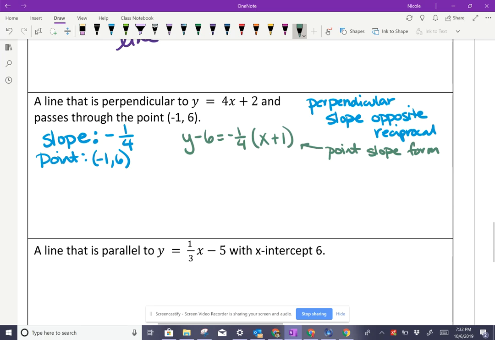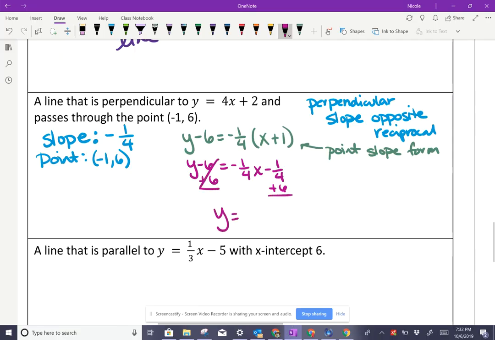And if I want to see this in slope-intercept form, all I have to do is distribute and make y equals on one side and everything else on the other. So when we do that, we're going to distribute, and we've got y minus 6 equals negative 1 over 4x minus 1 over 4. And then I bring that 6 over.